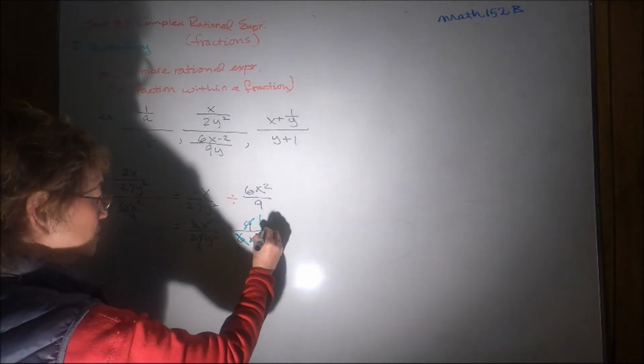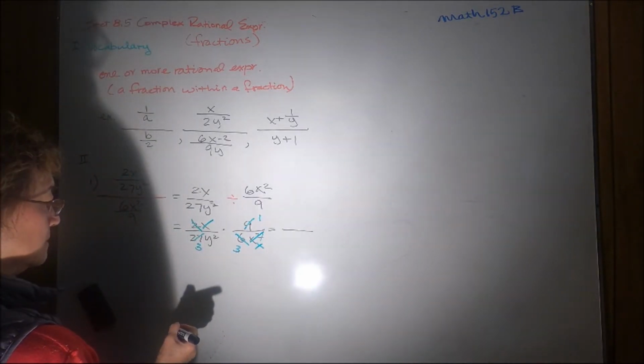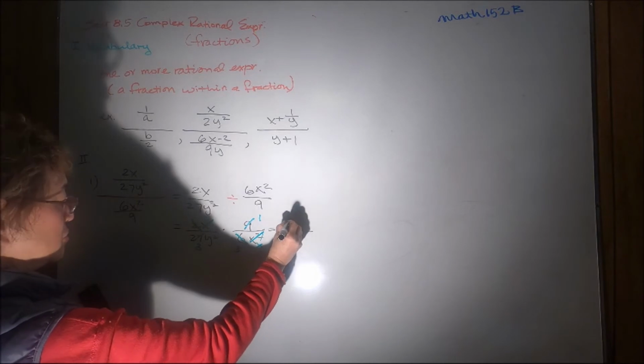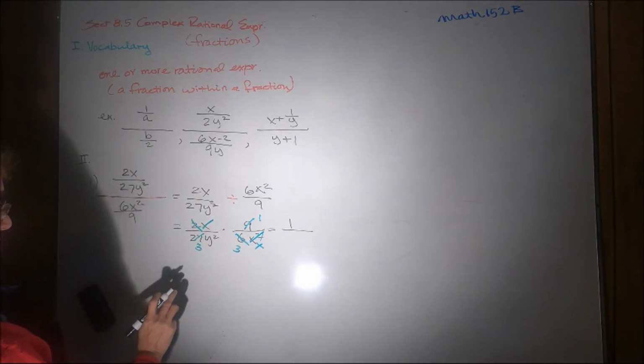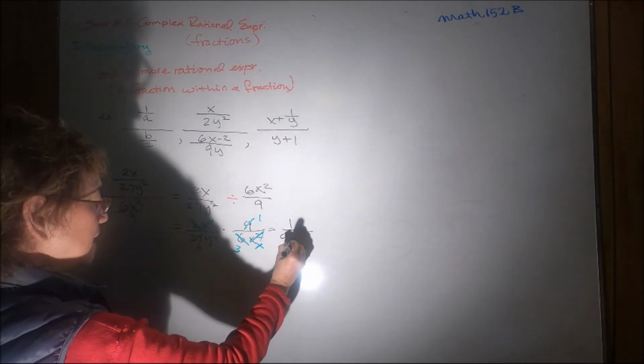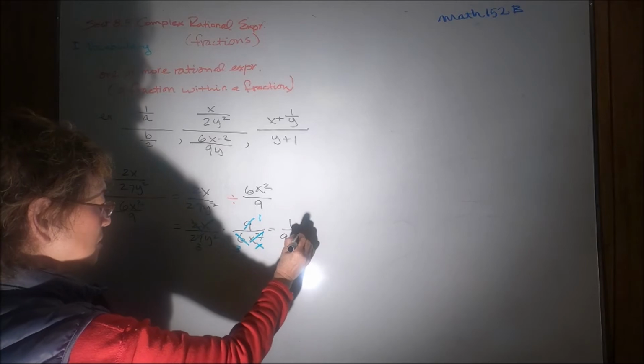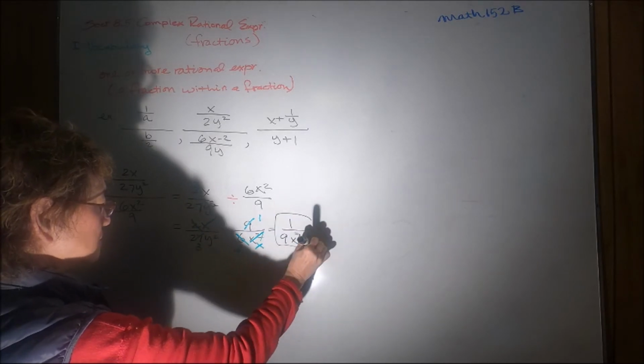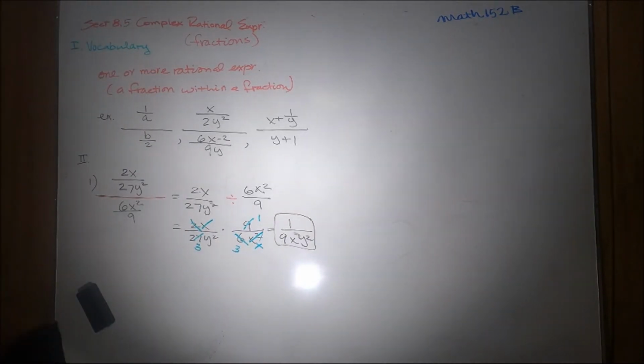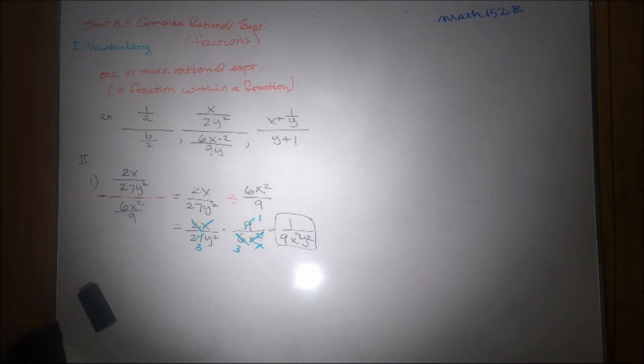Then what do we do? We just multiply straight across. That would be y squared here. So it would be 9x squared, 9xy squared. Is that right? So it's not too bad.